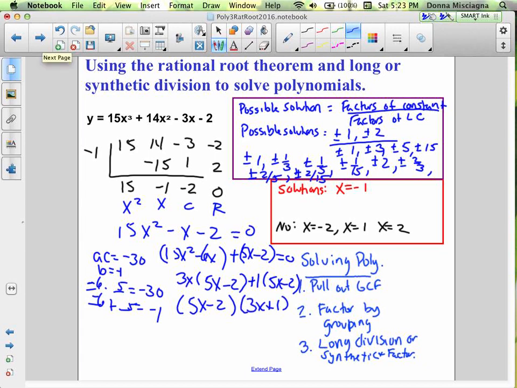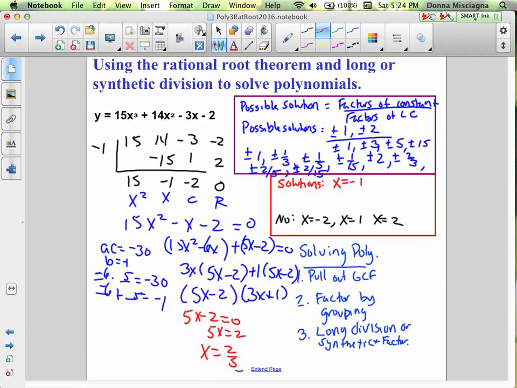All right, so let's write down our solutions here. We wrote down the x equals -1, right? And then we used factoring, and we got two more. So we have 5x minus 2 equals 0. We'll add 2 to both sides, and then divide by 5. So x is 2/5.